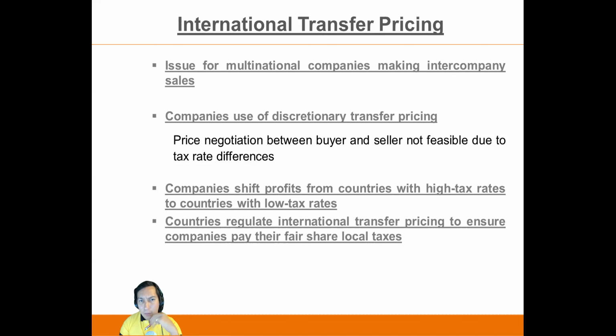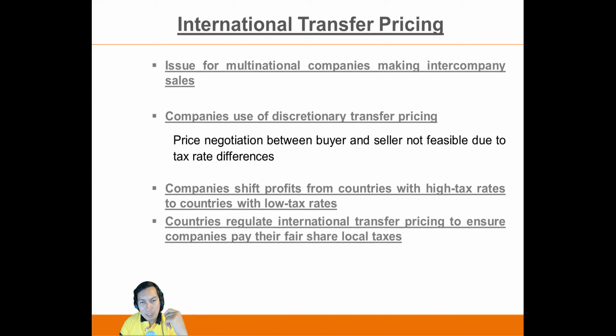We will have a whole chapter regarding international transfer pricing, but the issue is for multinational companies making intercompany sales. Companies use discretionary transfer pricing, which is what they want to charge.